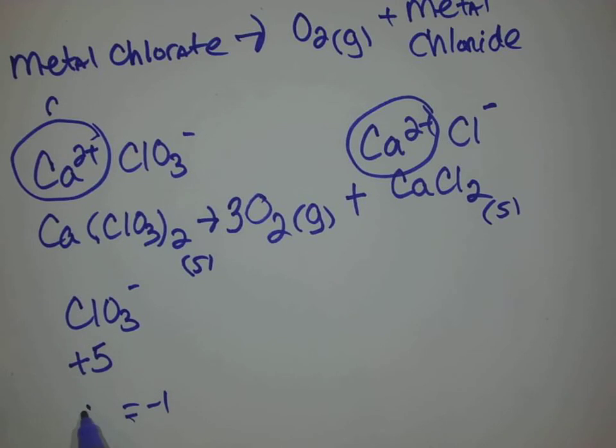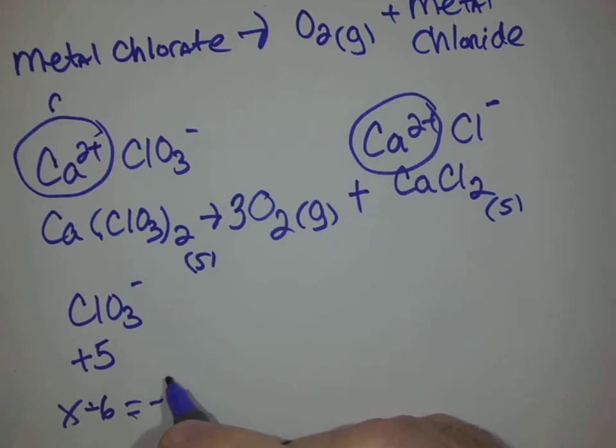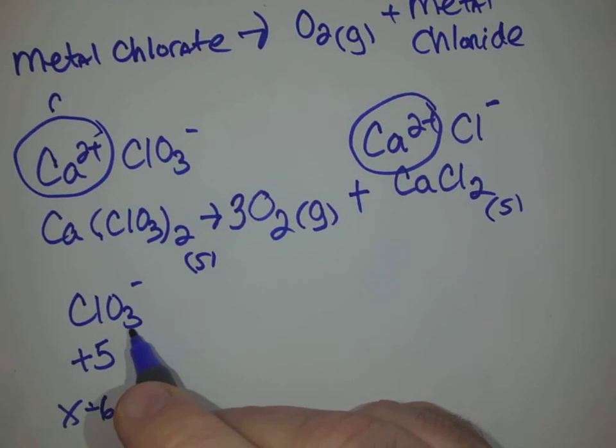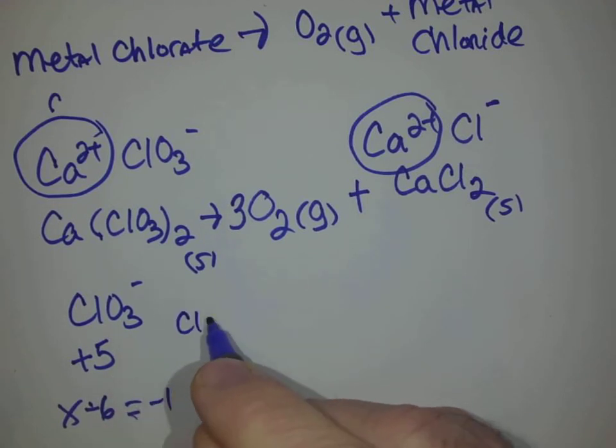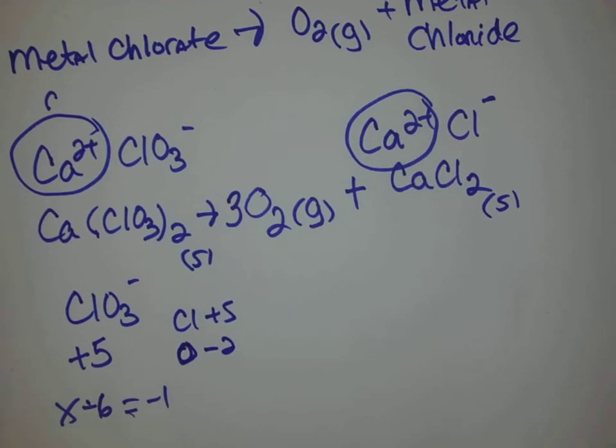Oxygen is -2 times 3 is -6, and the chlorine, we call that X, turns out to be a +5. The oxygen is a -2, because oxygen in a compound always has an oxidation number of -2, unless it's a peroxide, but we're not going to do anything with peroxides.